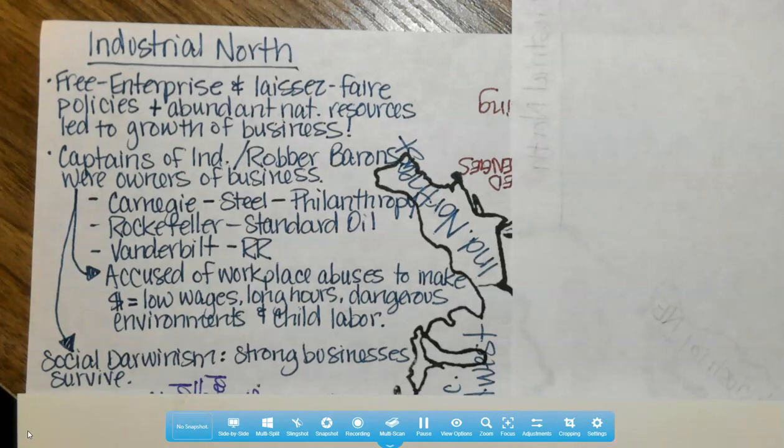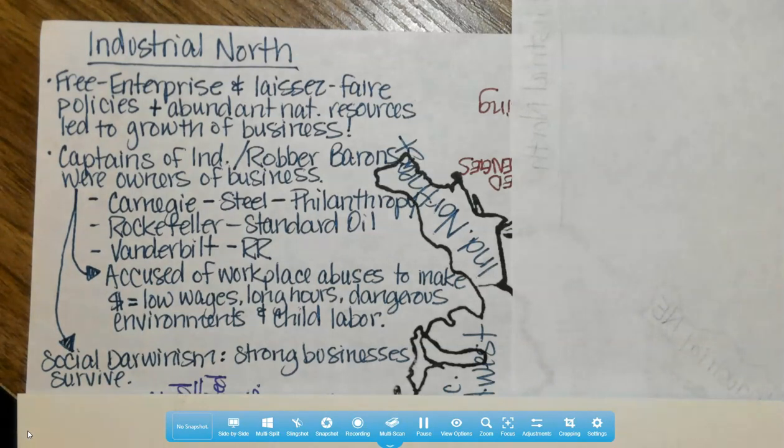Okay? The last thing down here is going to be social Darwinism. Okay? When we say social Darwinism, this is the belief. Obviously, Darwinism is a scientific thing. We're going to apply that idea of survival of the fittest to the businesses. If you have a strong business, you're going to survive.